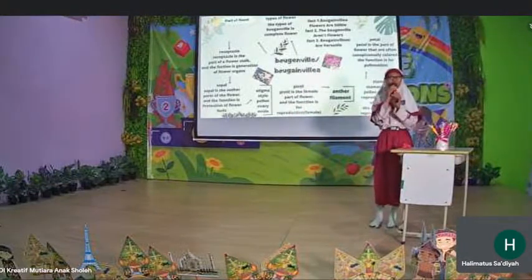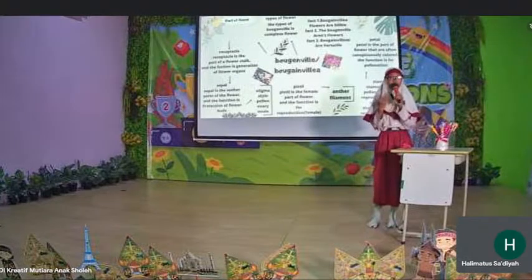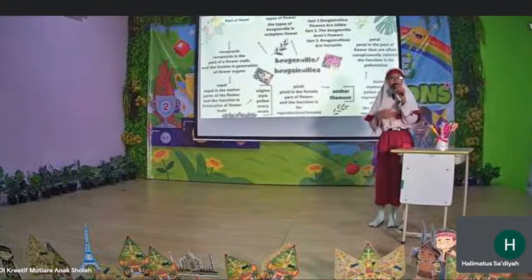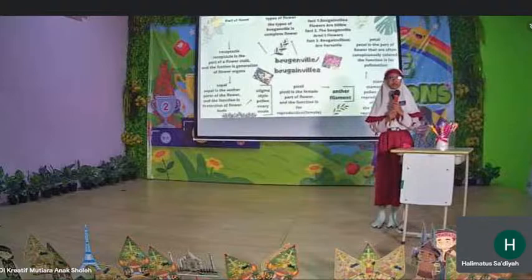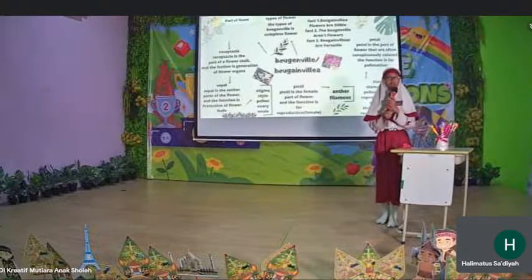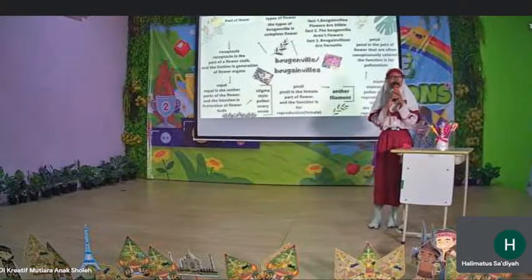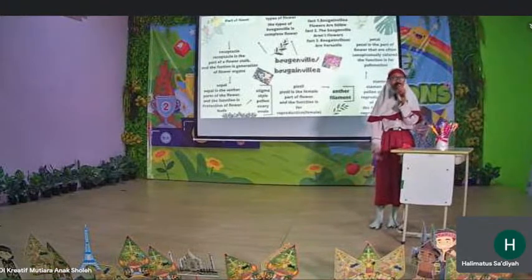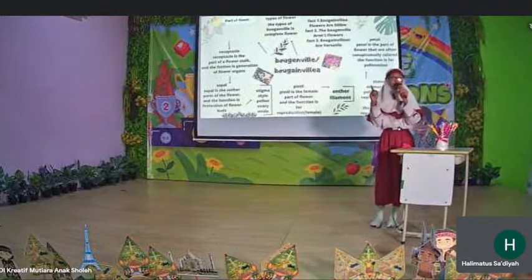The Latin name of bougainville flower is bougainvillea. Do you know the types of bougainville flower? The type is complete flower. The parts of bougainville flower, there are 6 parts. The first is stem.